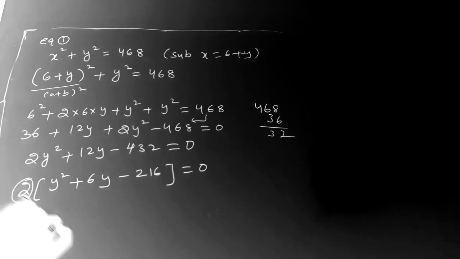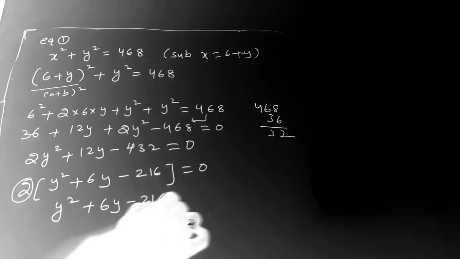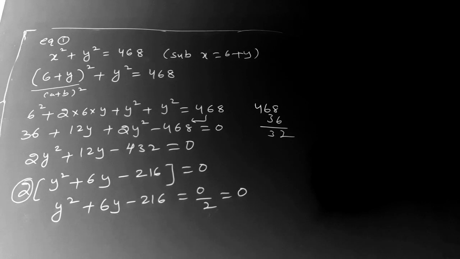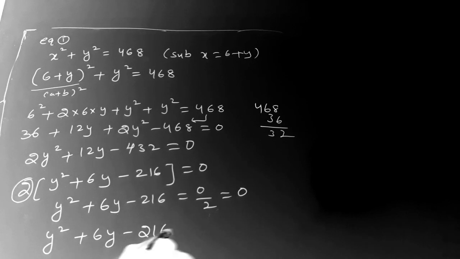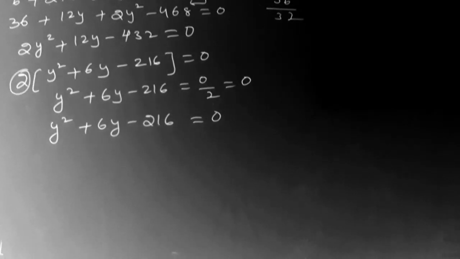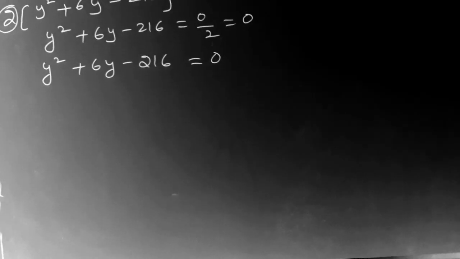The 2 is in multiplication, so it goes to division. 0 by 2 is also 0. So finally I am getting y square plus 6y minus 216 is equal to 0. Now I have to find the roots, so I am going to use the quadratic formula method.